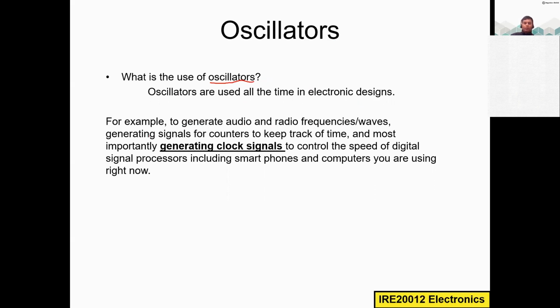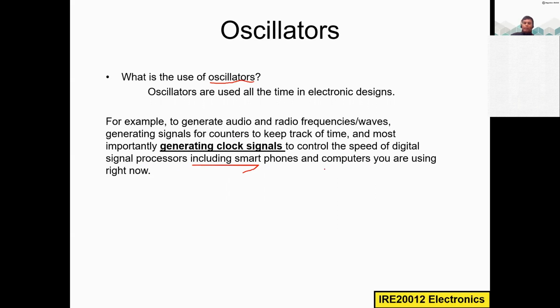It can also be used to generate signals for counters to keep track of time. It can also be used to generate clock signals to control the speed of digital signal processors. We use these digital signal processors in our smartphones and in our computers.